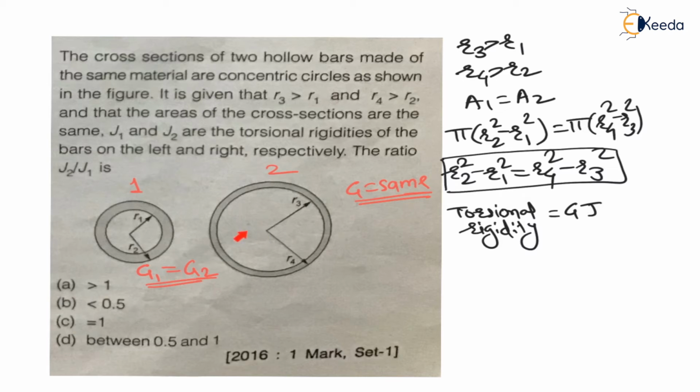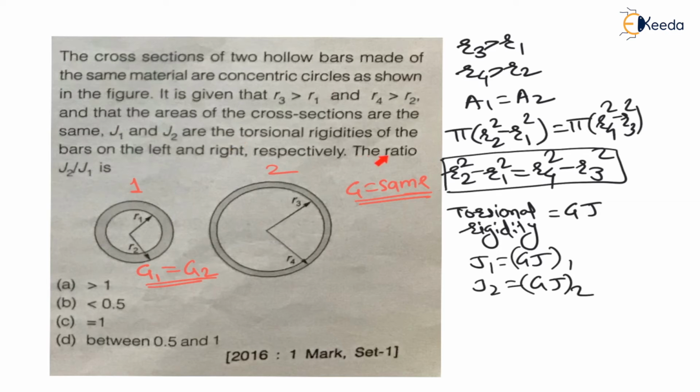But my dear students, for both shafts shear modulus is same, right? And J1 is torsional rigidity of first shaft and J2 is torsional rigidity of second shaft, right? J1 is nothing but GJ for first shaft and J2 is GJ for second shaft, right?